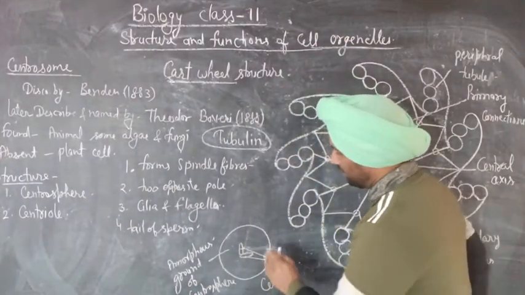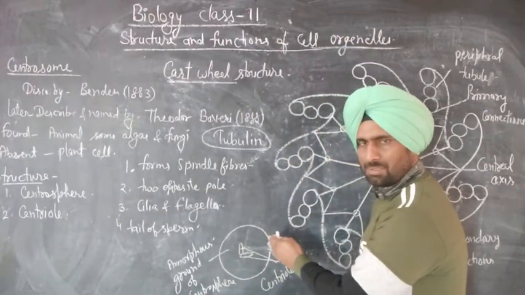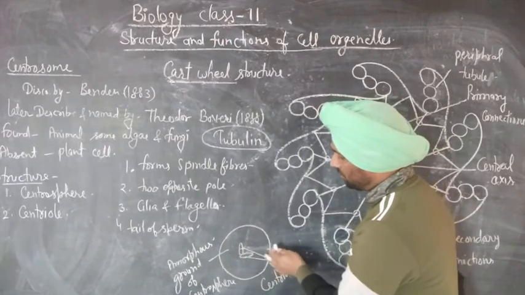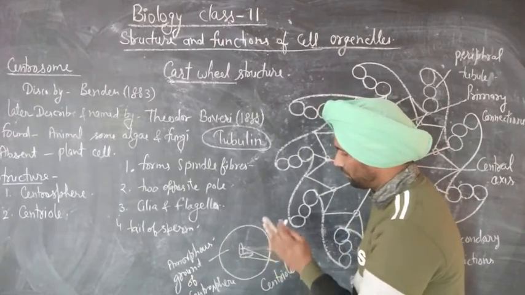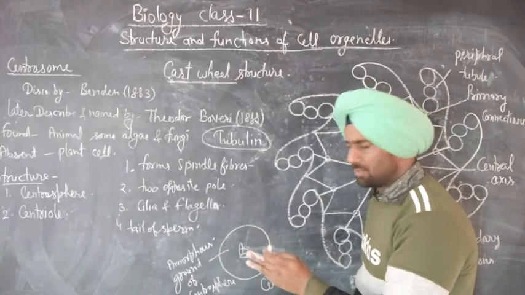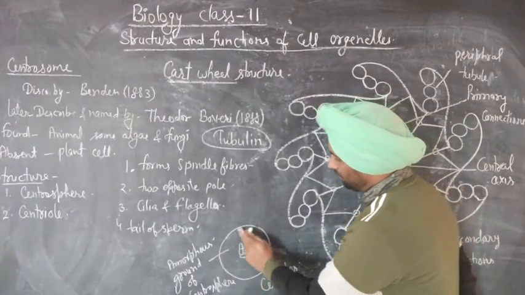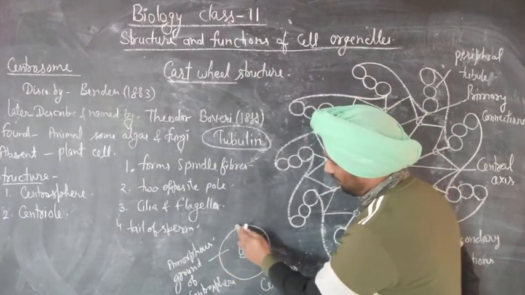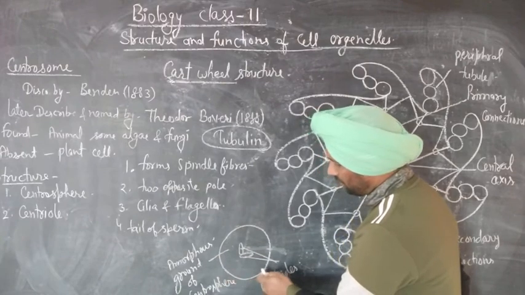You can see here, this is the centrosome. Okay, the structure of centrosome. Centrosome consists of two components. First is the centrosphere, this amorphous ground substance.